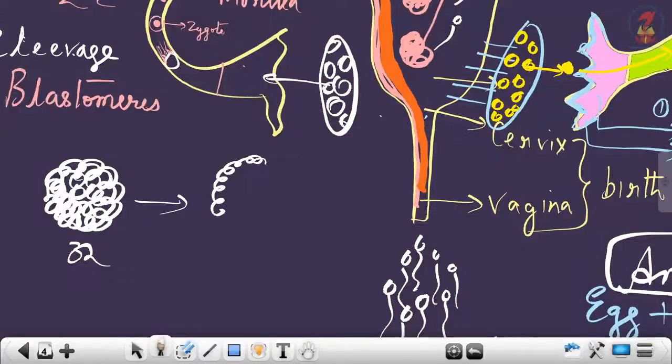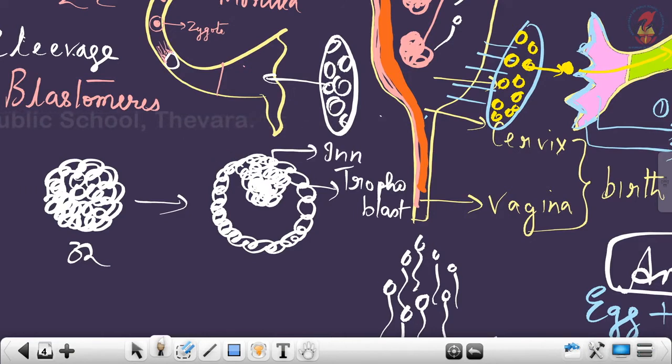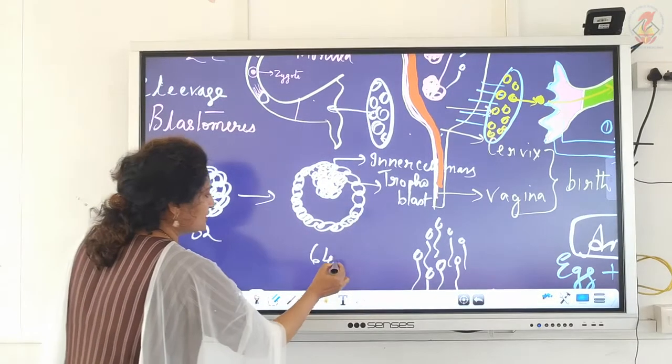The blastomeres reorganize and form an outer layer called the trophoblast. And the remaining blastomeres get attached to one end to form the inner cell mass. So this is the structure of a 64 cell stage, and this gap is filled with a fluid.